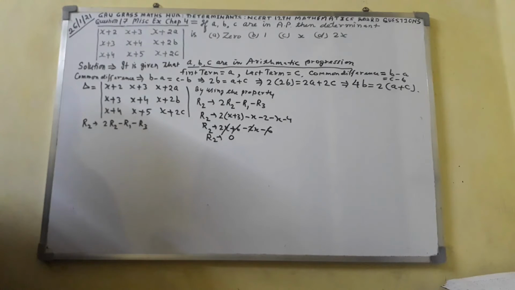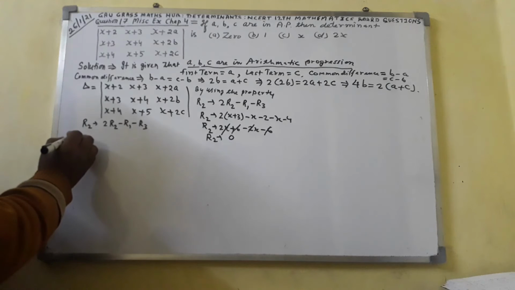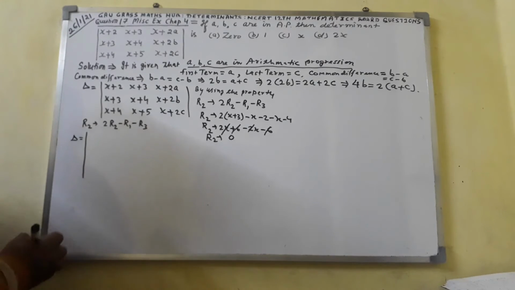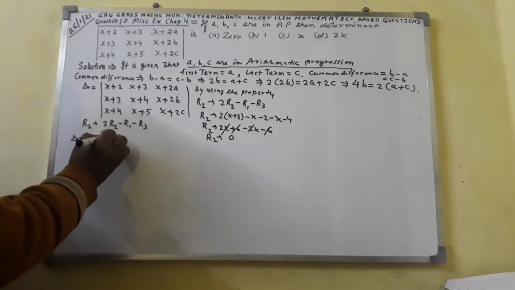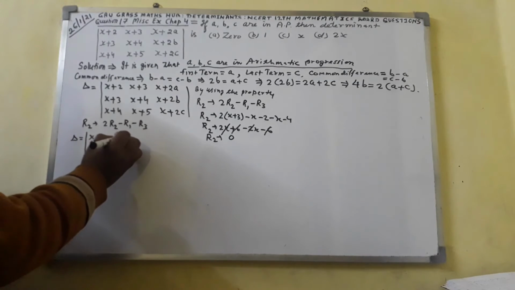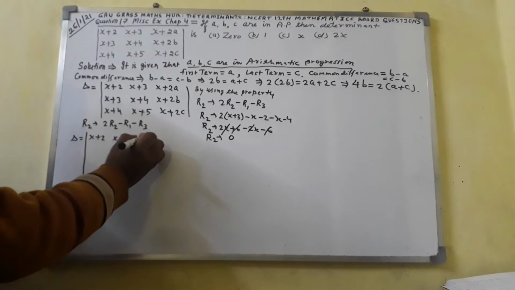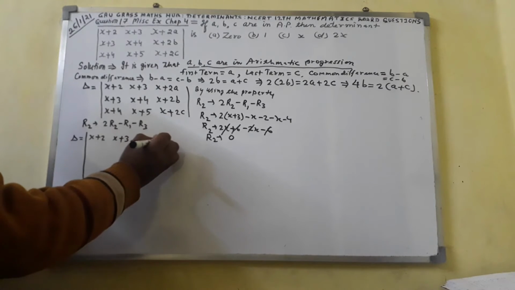There will be no changes in the first row and third row. So here I shall write the elements of the first row as they are: x plus 2, x plus 3, x plus 2a.